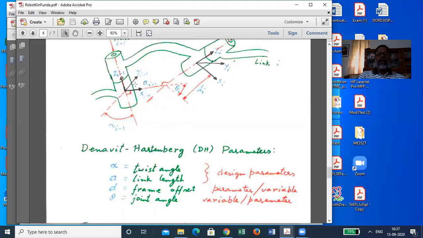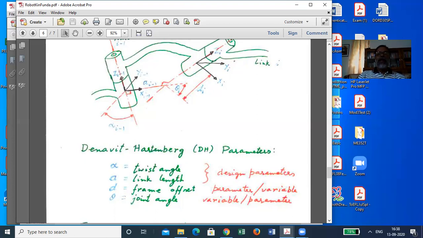So if you turn this frame of reference, x i minus 1, y i minus 1, z i minus 1, about this x direction, the y-z plane turns, and if your rotation is this much, then z i minus 1 turns and becomes parallel to z i. It will be going like this, parallel to this.